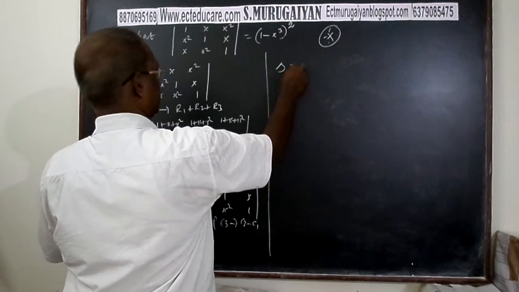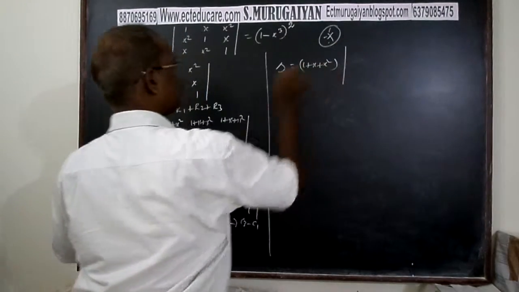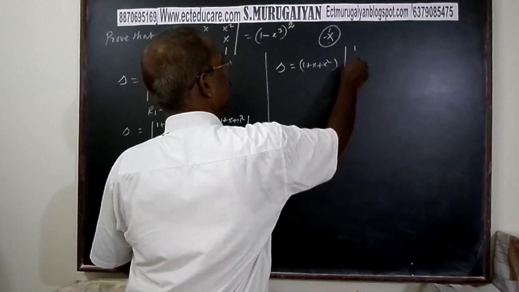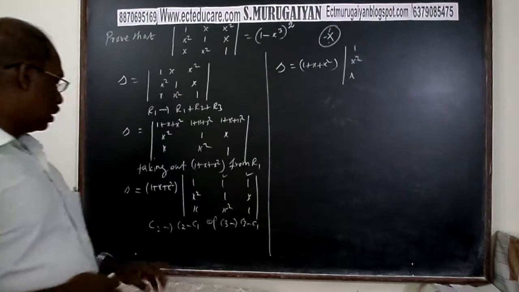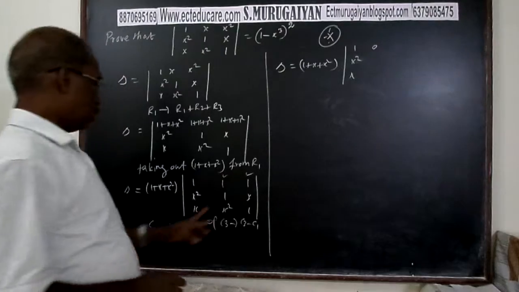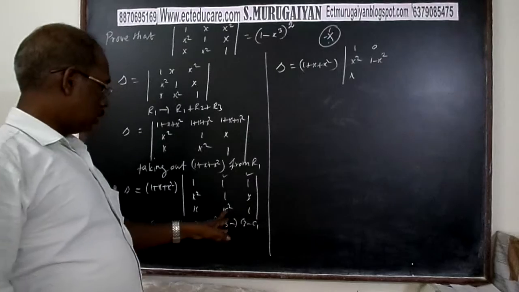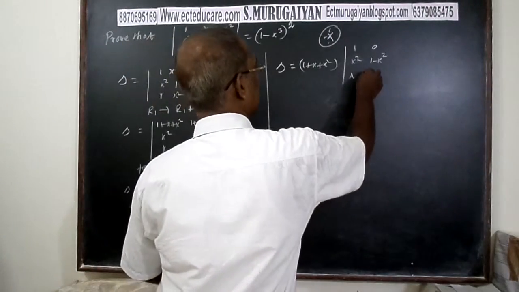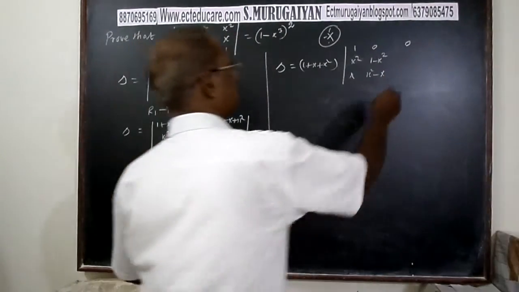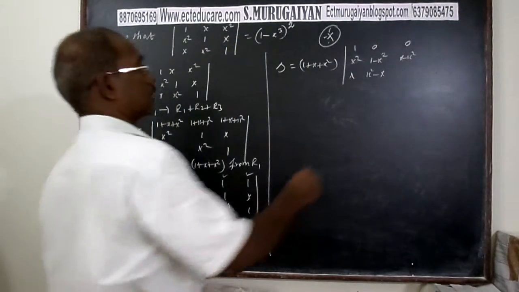Then delta, so 1 plus x plus x square times, no change in C1: 1, x, x square; and C2: 1 minus 1 is 0, x square minus x, 1 minus x square; C3: again 0, 1 minus x... and x minus x square and 1 minus x.